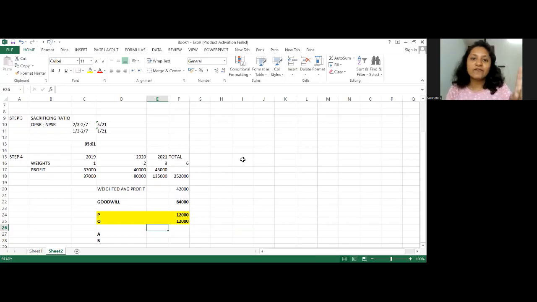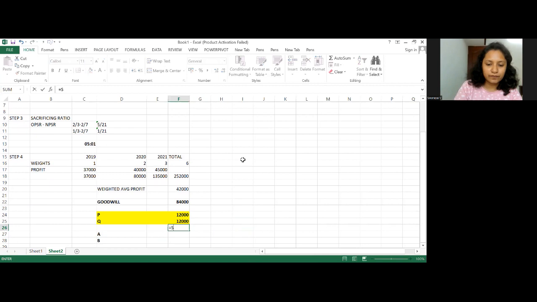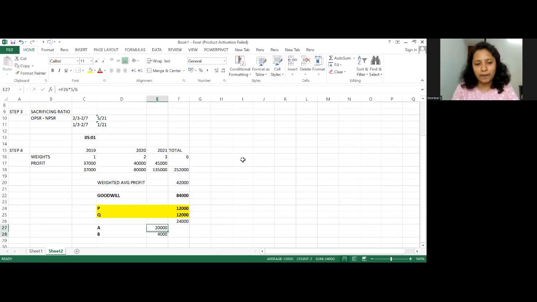And the ratio is 5 is to 1. So the total goodwill here is 24,000. This 24,000, A will get 5 by 6 sacrificing ratio and B will get 1 by 6 the share.